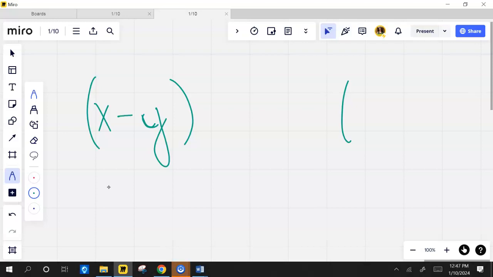Don't write in pen in here. And then I have y minus x. What's the relationship between these two? Because they look really, really similar. But they kind of are a type of inverse. They have an x and a y, but could you rearrange them anyway to make them look the same without changing their value?